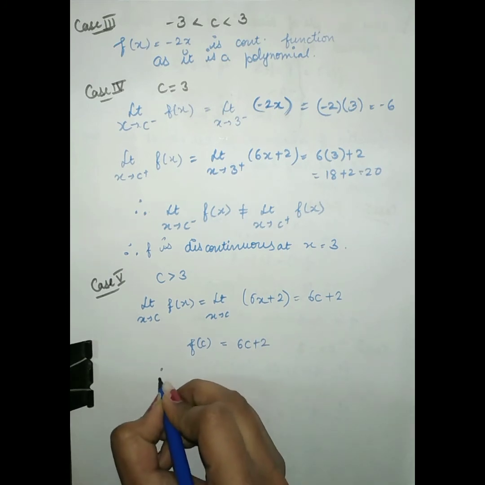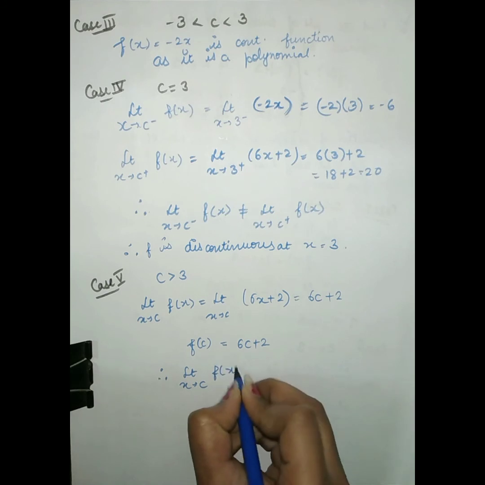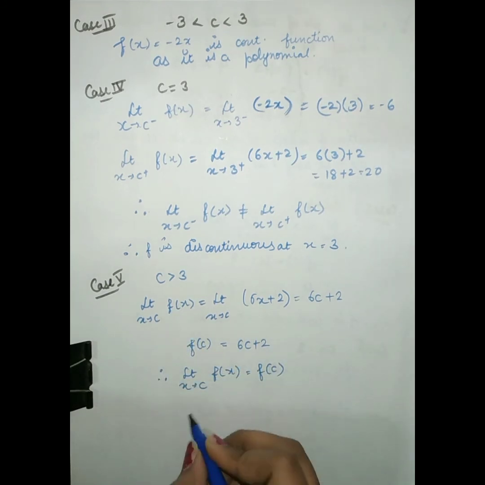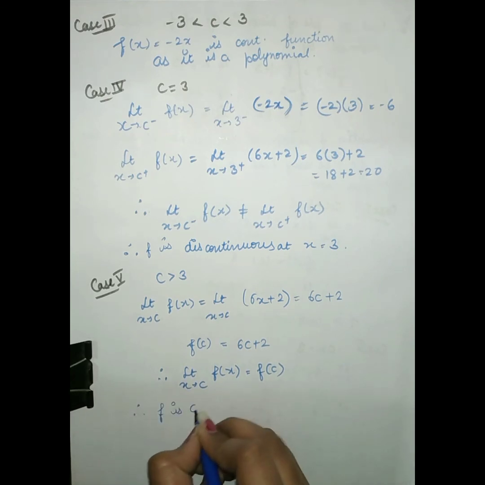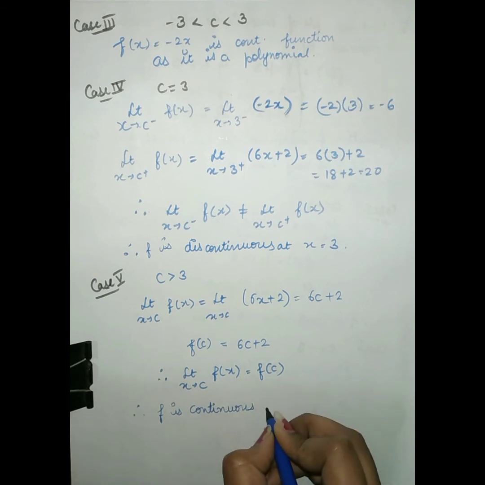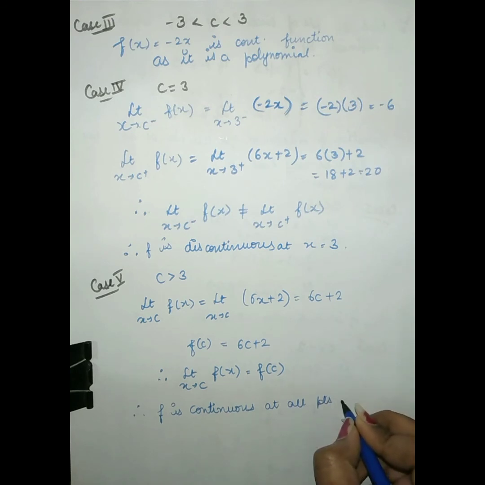Therefore the limit as x approaches c of f(x) will be equal to f(c). If these are equal, therefore the given function f is continuous at all the points x greater than 3.